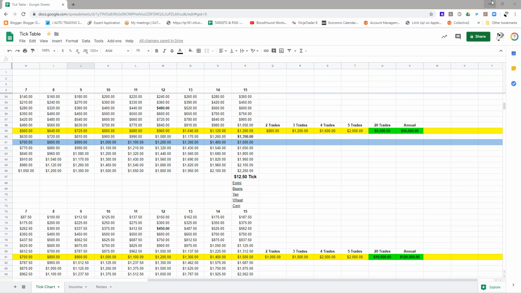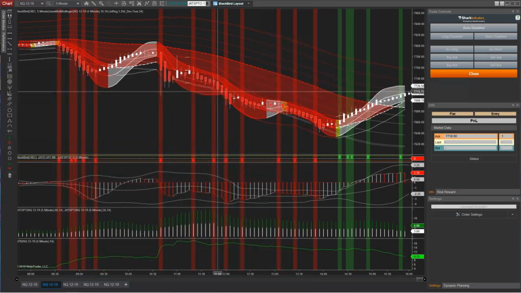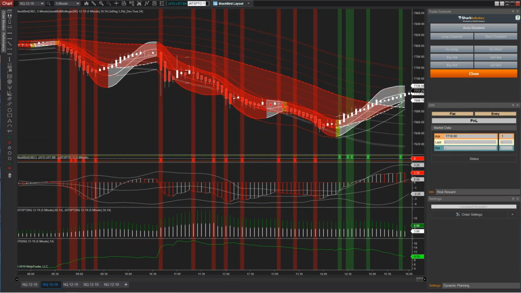So again, having everything put together with the market analyzer. Let me put the market analyzer on the chart real quick.